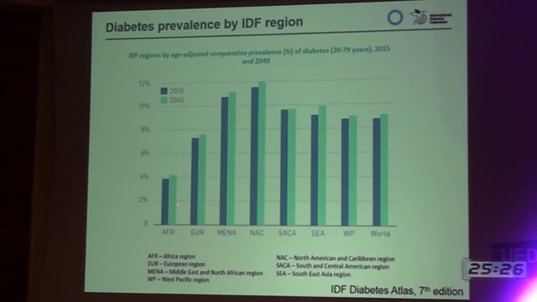Why is it low in the Africa region? Because diabetes is not fully known. Awareness is still not at the stage where we would like to see it in the Africa region, indicating there are more hidden cases. So we need to continue to do diabetes awareness campaigns and continue to identify the hidden cases.